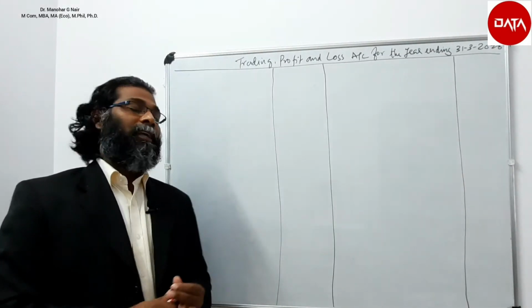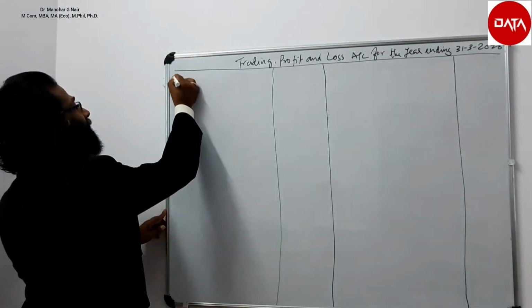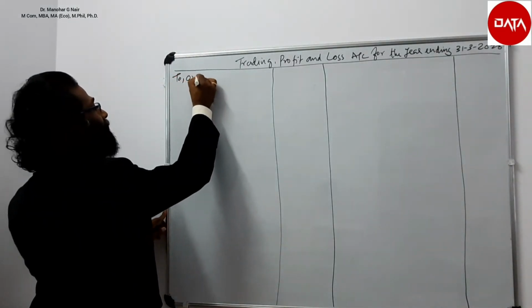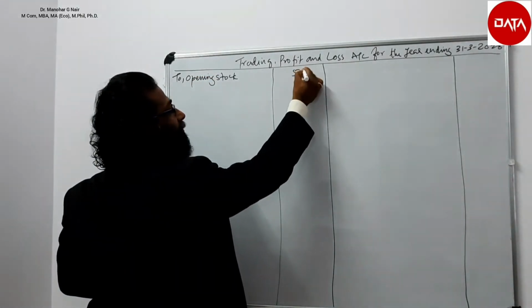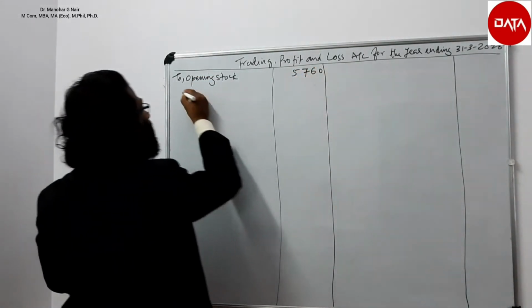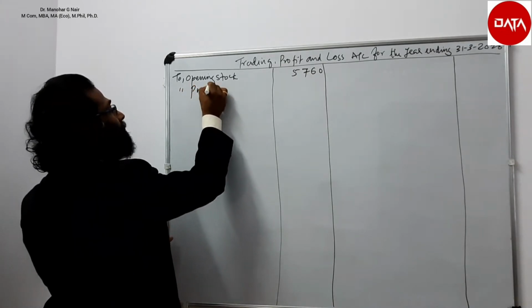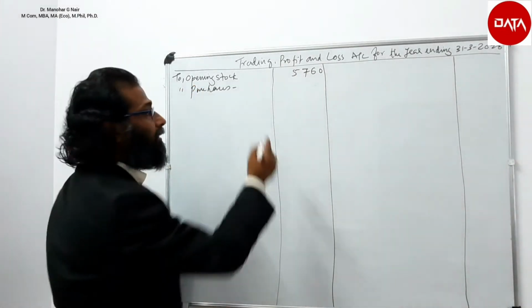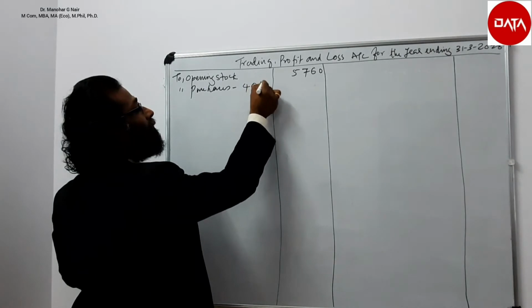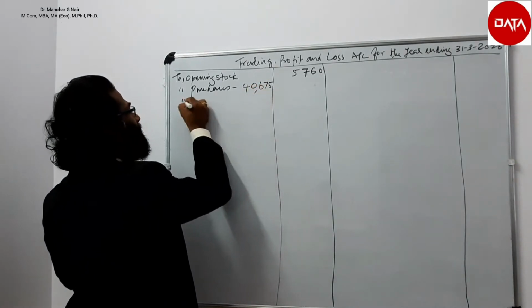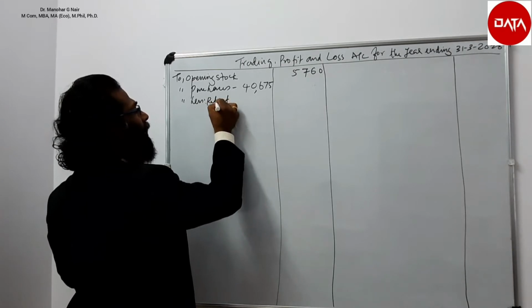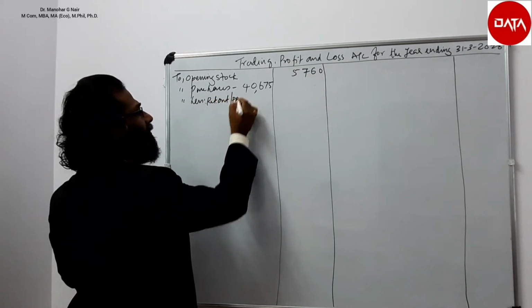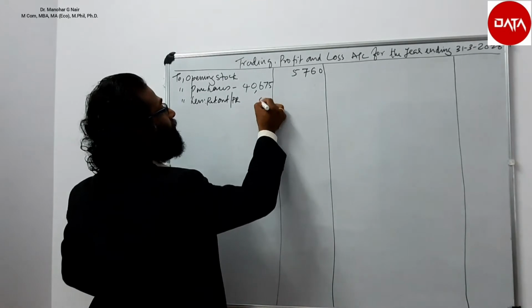So we will be starting with the trading account, with the opening stock. To opening stock 5,760. Then take purchases 40,675, less return outwards, or purchases return, that is 500 rupees.